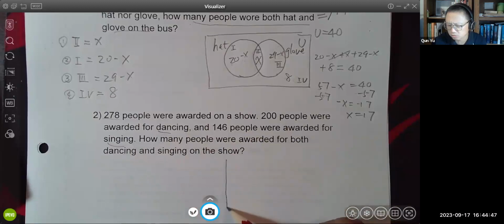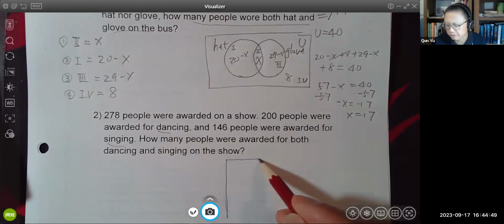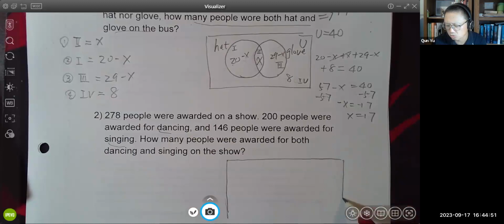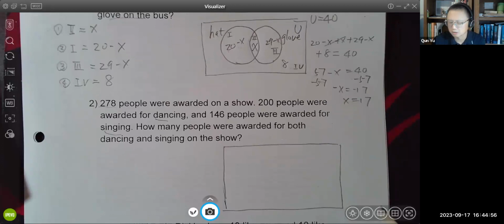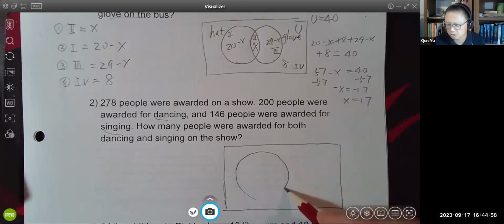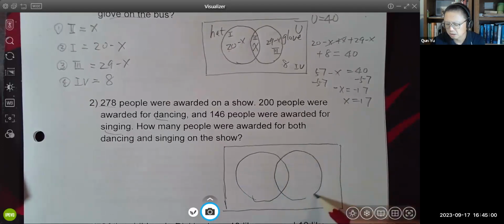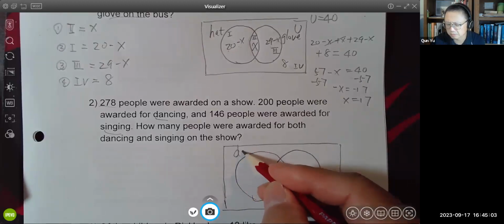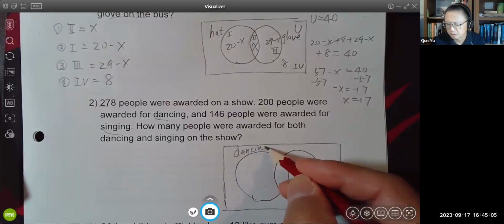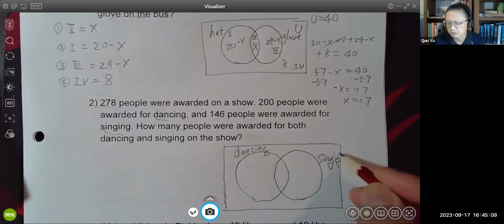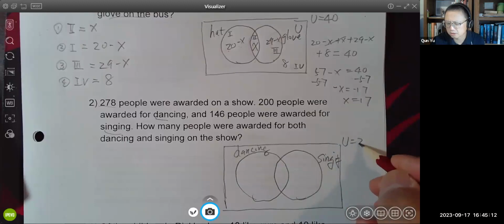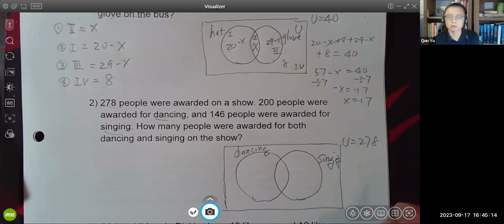So we still have 2 circles because we have 2 different things that separate the whole group into subgroups. So the basic structure is the same. This time, one is the dancing, one is the singing. And our universal set is 278 because these 278 people were separated into 2 different groups.